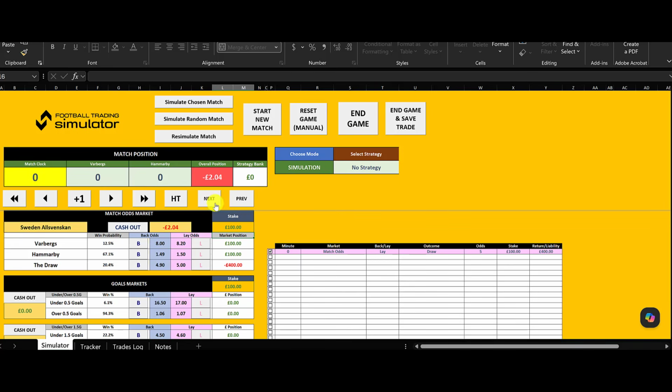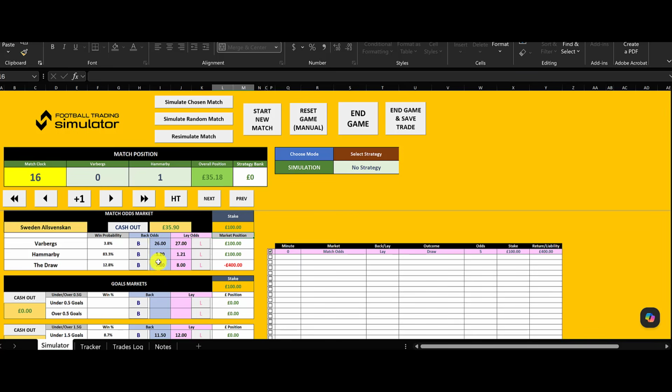Now this button here, next, will take us to the next goal in the match. If you were trading a real match, you'd have to wait for that goal to be scored. Now you just press next and it will take us to that goal 16 minutes in. If we were trading a real match, we'd have to wait 16 minutes for that to happen. So you can see how much time this will save you.